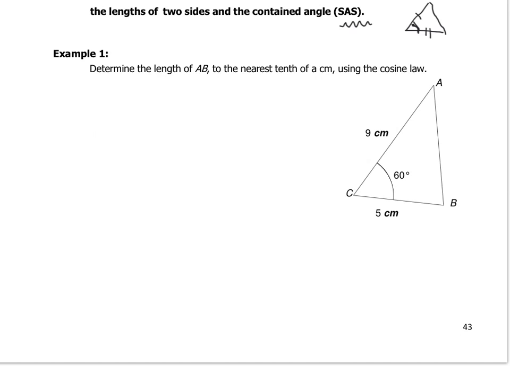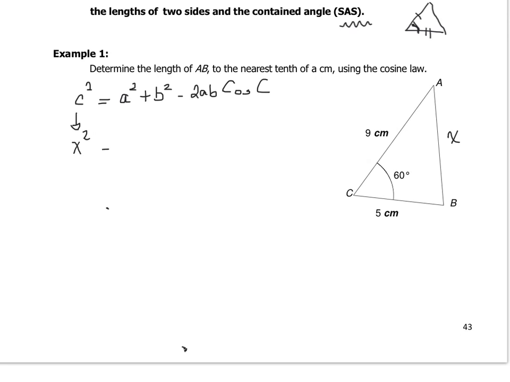So if we're going to look for the missing side, which is side AB, I'm just going to put x next to that rather than c, because sometimes the lowercase c looks like angle C. Using the law of cosines, it would be c squared equals, in this case, a squared plus b squared minus 2ab cosine of angle C. So I've replaced the little c with an x.